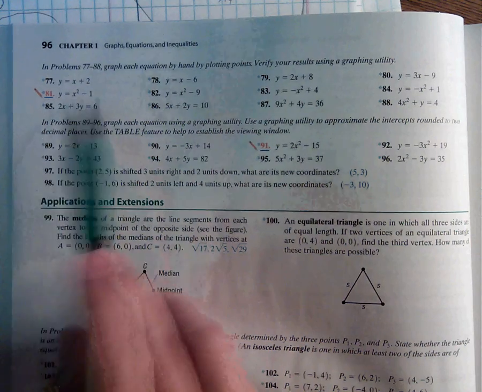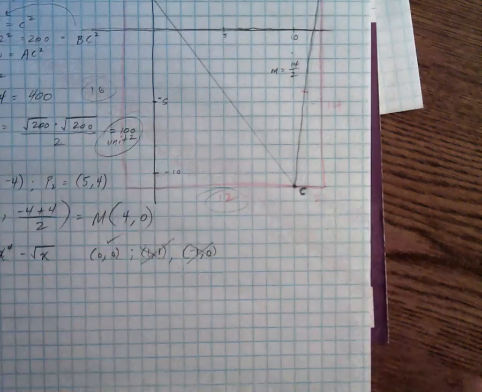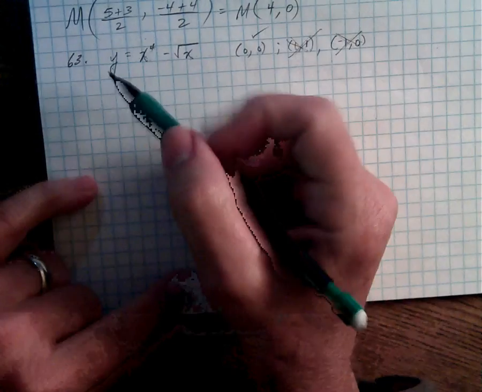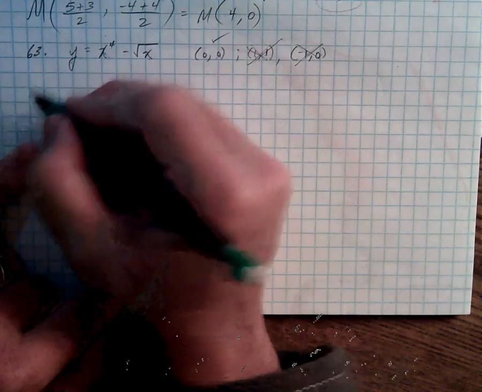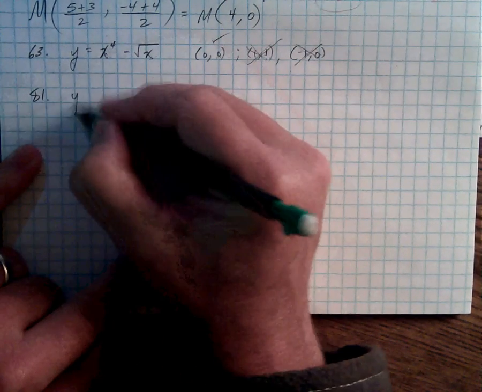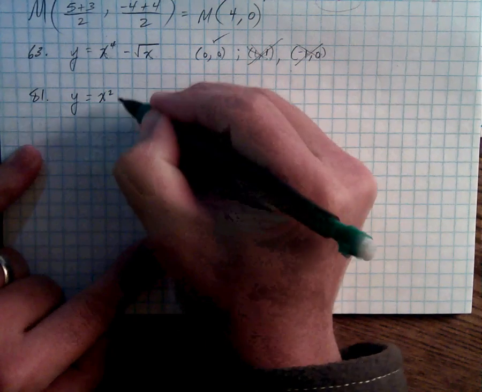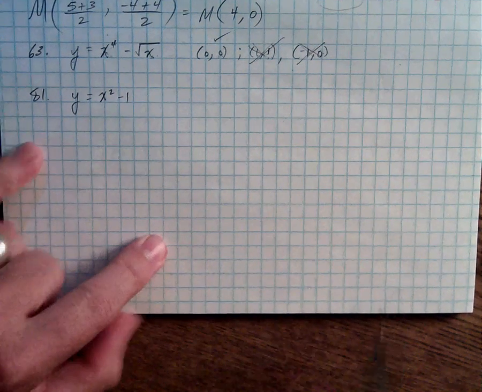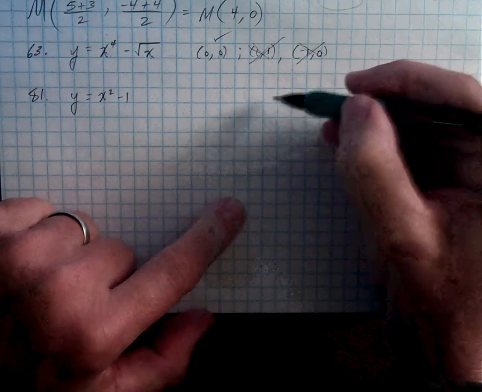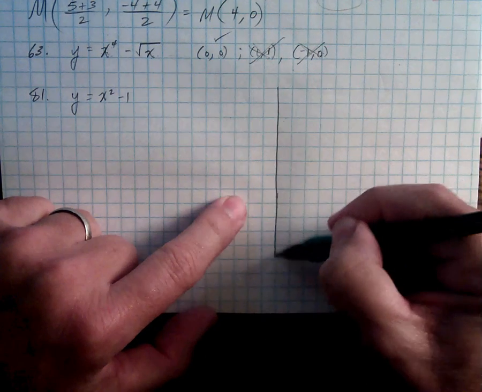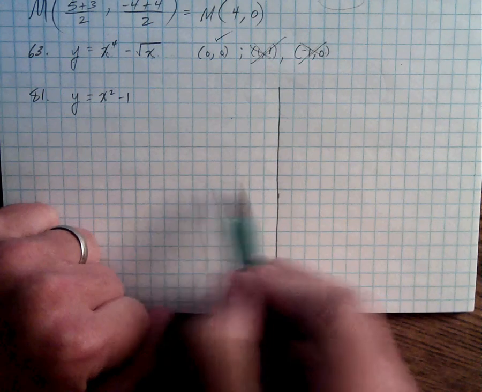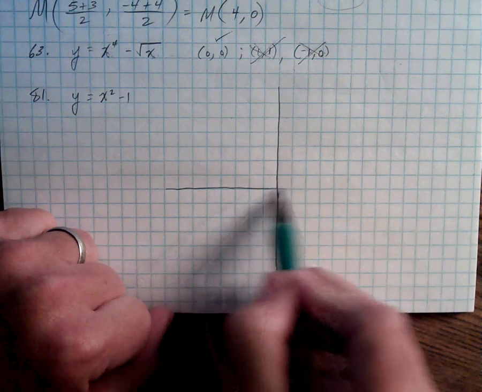Alright, so y equals x squared minus 1. Let's see, what do we know about this graph? Well, we might want to find the intercepts, right? So, since we're talking about intercepts, we might want to find those first.